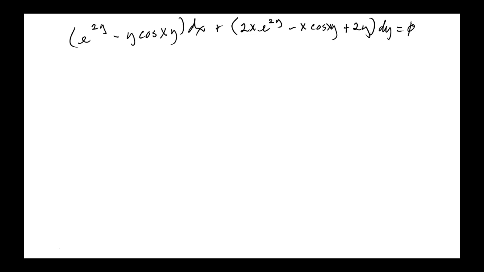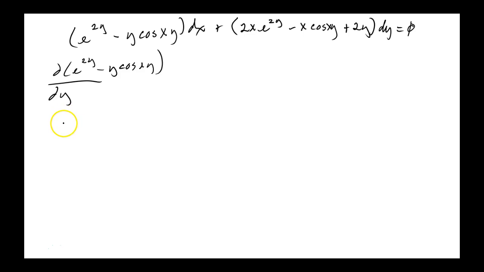Any way to tell if it's exact or not? Take the partial of e to the 2y minus y cosine xy with respect to y.